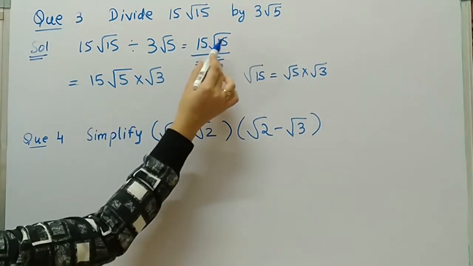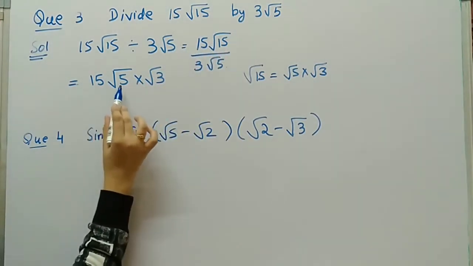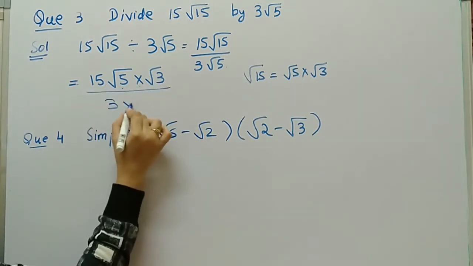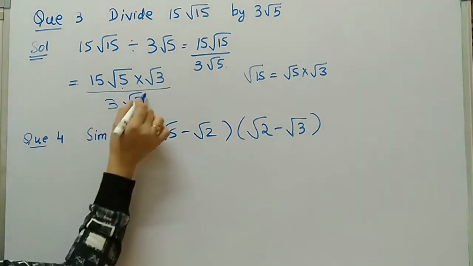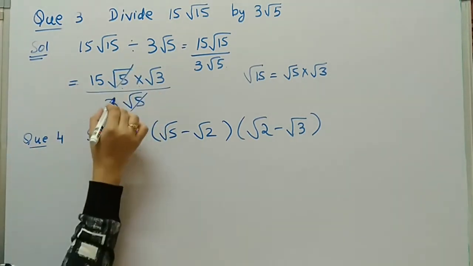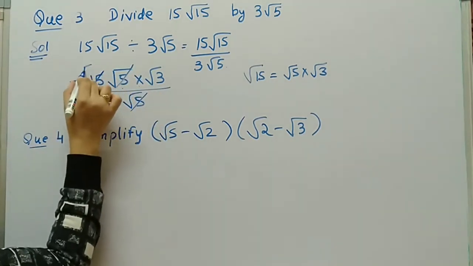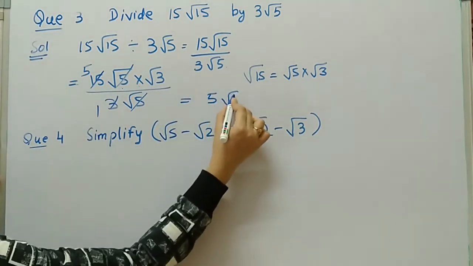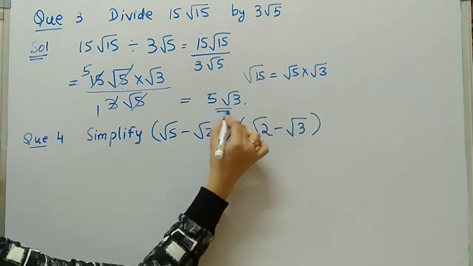So now the numerator become 15 root 5 multiplied by root 3 upon 3 root 5. So this get cancelled. 3 1s are 3, 3 5s are 15. So the answer is 5 root 3.